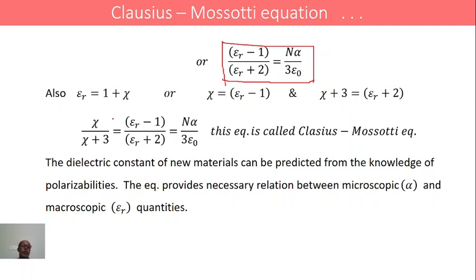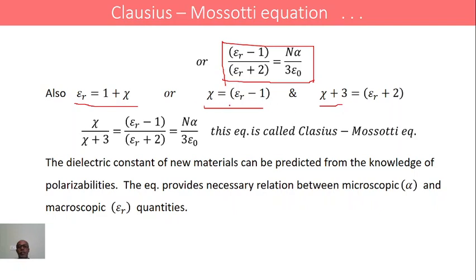Now, we also have epsilon r equal to 1 plus chi, or chi is equal to epsilon r minus 1. So, in the numerator in place of epsilon r minus 1, we can write chi. In order to get epsilon r plus 2, I am adding 3 on both sides.